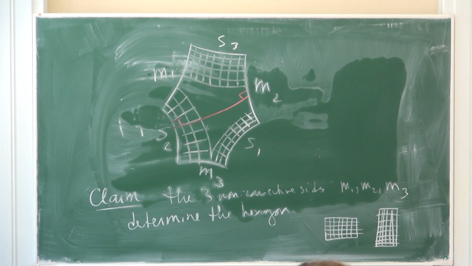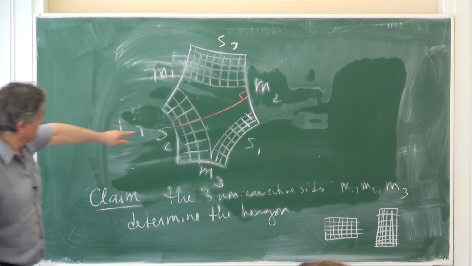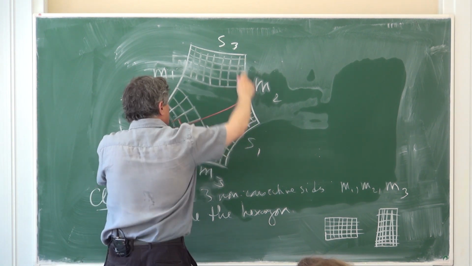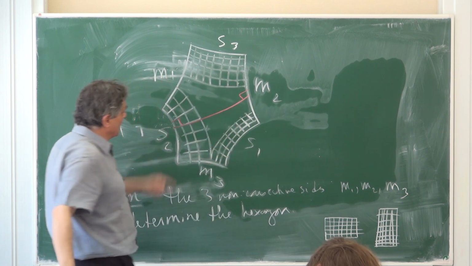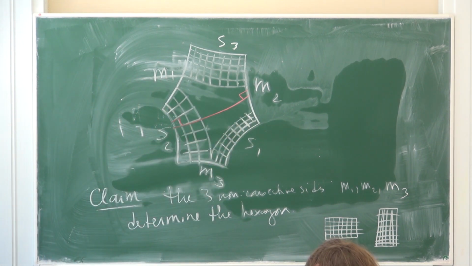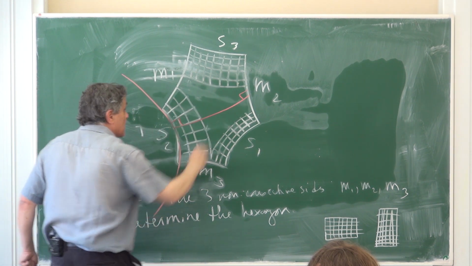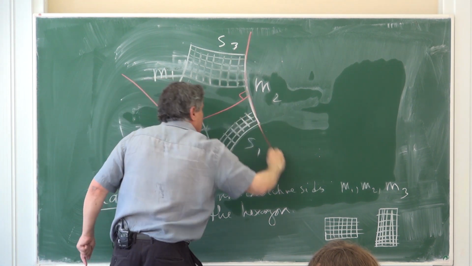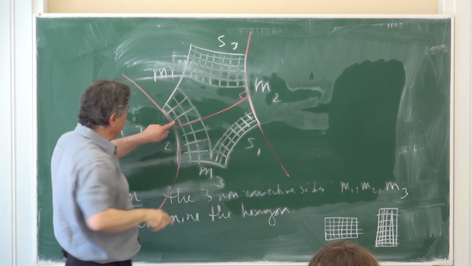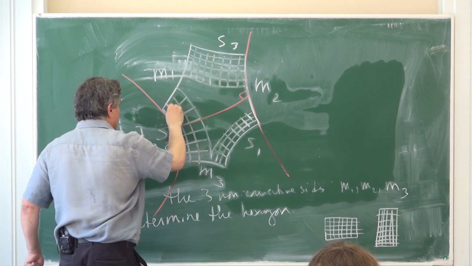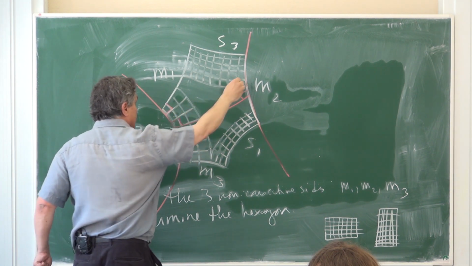This perpendicular here is just the unique perpendicular between these two sides. And I say that this perpendicular between these two sides will stay in the interior of the hexagon, because here I have a right angle.